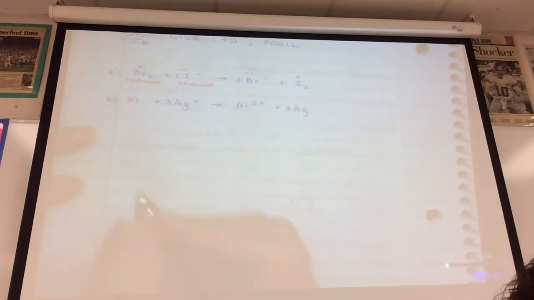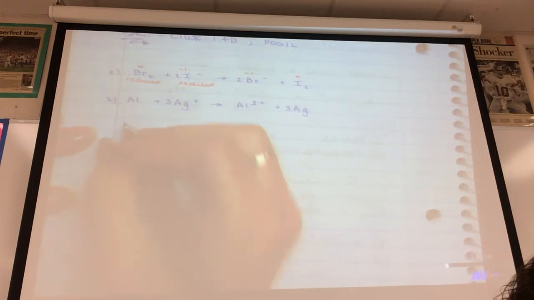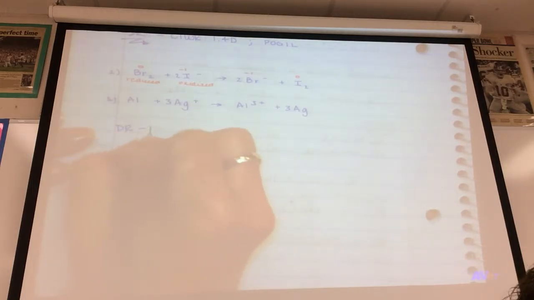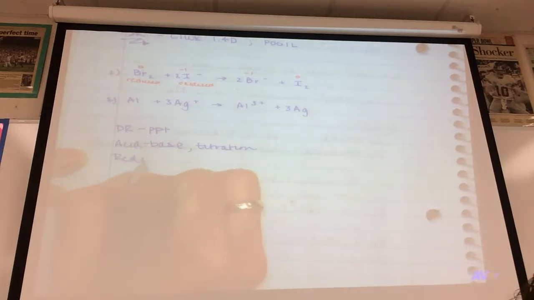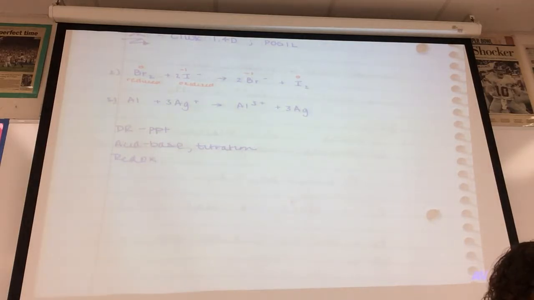We have covered reactions in aqueous solutions. We have talked about double replacement with precipitation. We talked about acid-base reactions with titration. We talked about redox reactions and the complex balancing, which hopefully you have mastered.